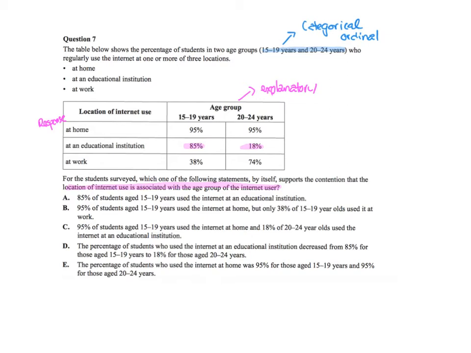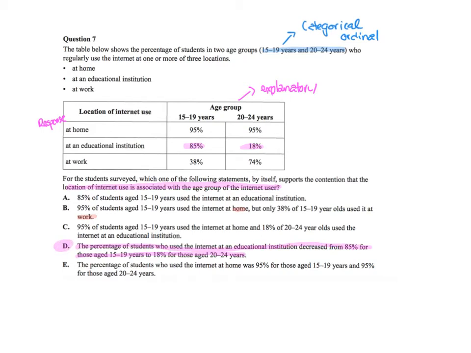Now let's have a look. It says 95% of it at home. Now see, because this one is saying at home and then at work, they're not comparing the same thing, yeah? So we want to compare the same thing and see the two percentages. Someone's just told me it's D, so let's have a look. The percentage of students who use the internet at educational institutions decreased from 85 for those, yeah, that's a perfect little statement there. That one supports it.